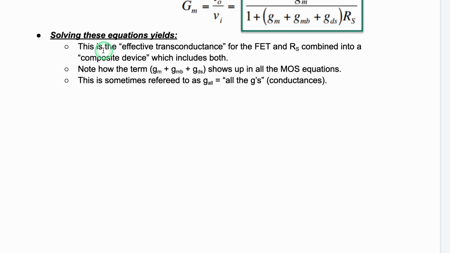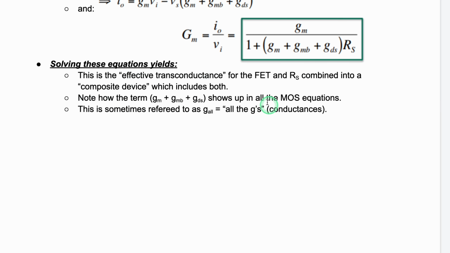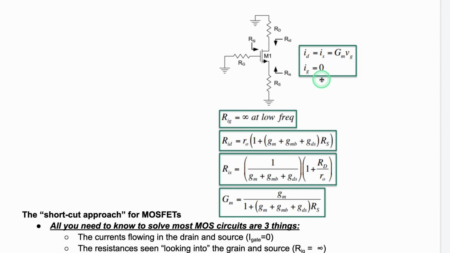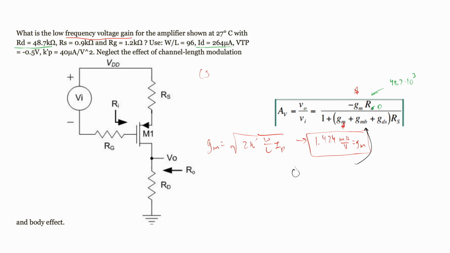We don't really go into it here, but we talk about the equations GM, GMB, and GDS, sometimes referred to as the G's. So all the G's here are for our FET, and this is important only if we neglect the effect of channel length modulation. Without body effect, our GMB is equal to 0.